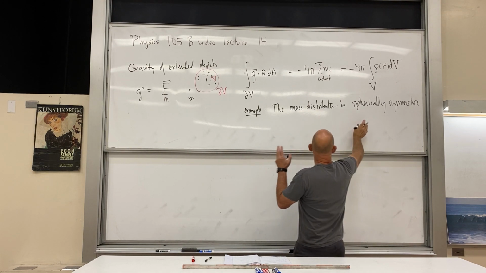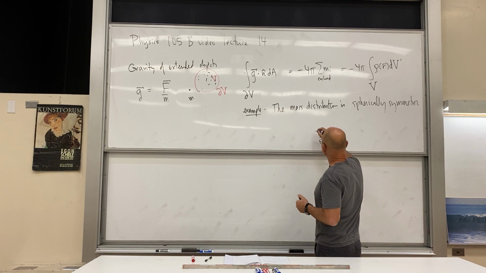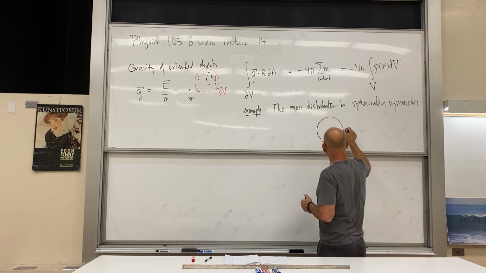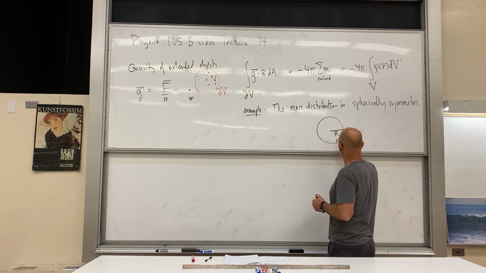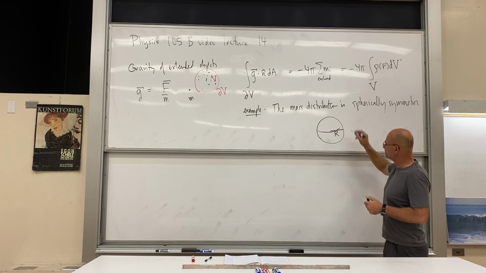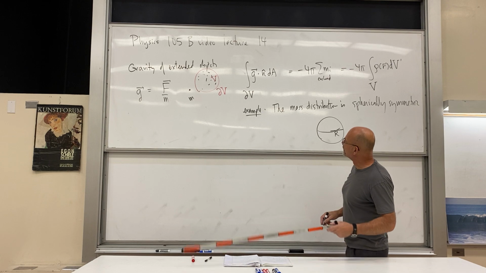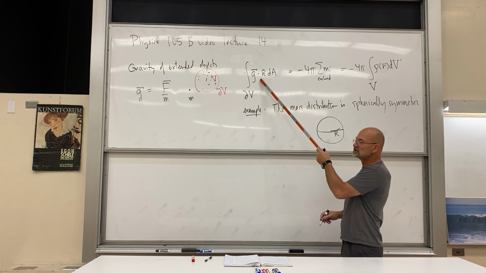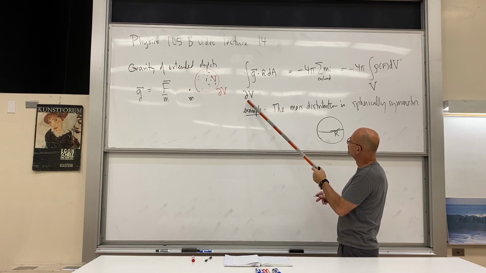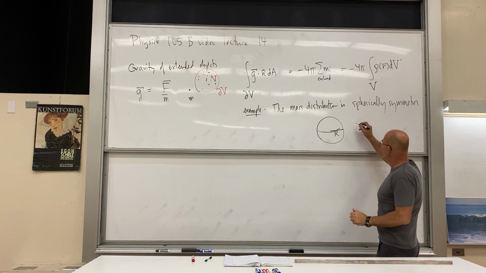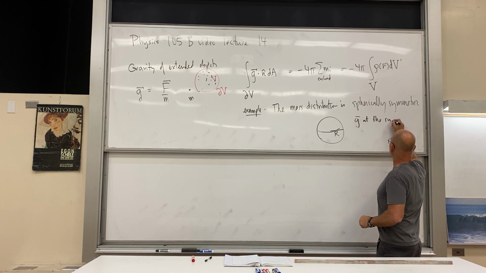Good. So the mass is spherically symmetric. So what does that mean? The mass is distributed here in a sphere, we'll say of radius capital R. And as a result, we can say something about the direction of this vector G. Namely, the vector G at the surface.